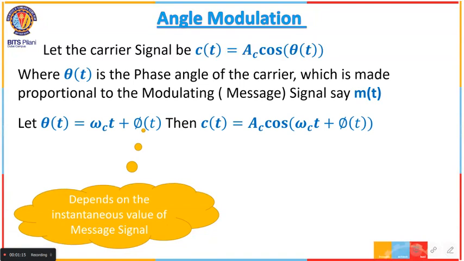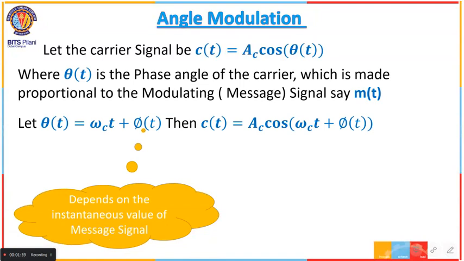Now see, this phi of t depends on the instantaneous value of the message signal. Omega ct is constant, right? The frequency of the carrier wave, that is omega c, is constant. You are generating a carrier wave of say frequency 50 hertz. That remains the same.